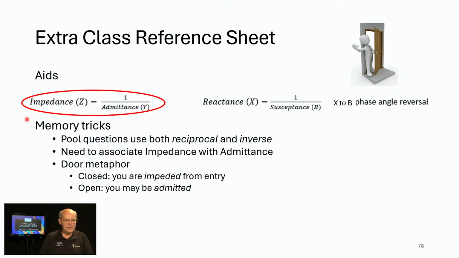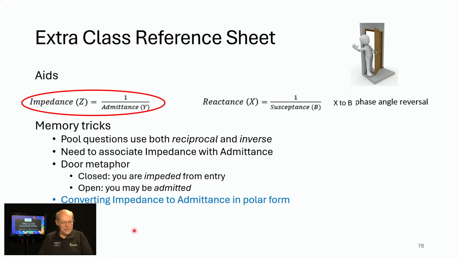We don't have to actually plug in any values and solve anything for this, but we need to associate impedance with admittance. The way I do that is with a door metaphor. A door, when it's closed, you are impeded from entry. If it's open, you may be admitted. So impede, admit. That helps me keep those two associated.